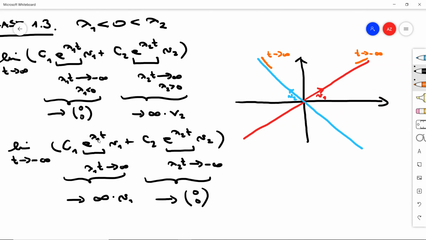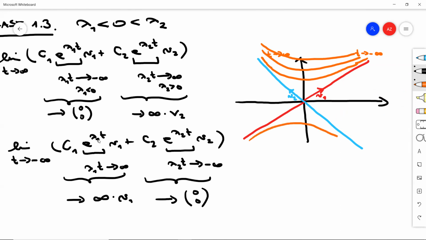So it turns out that the picture is something like that. The motion is something like that. So the curves in the family of solutions are some kind of hyperbolas. They're not hyperbolas, but they resemble hyperbolas.